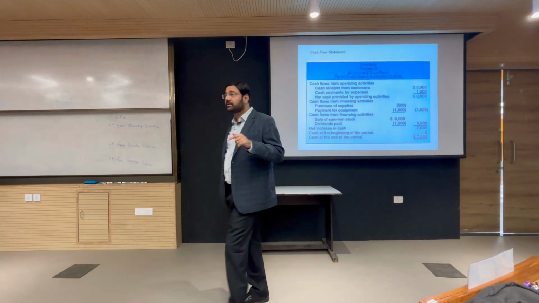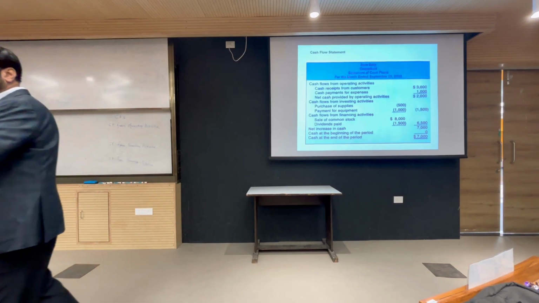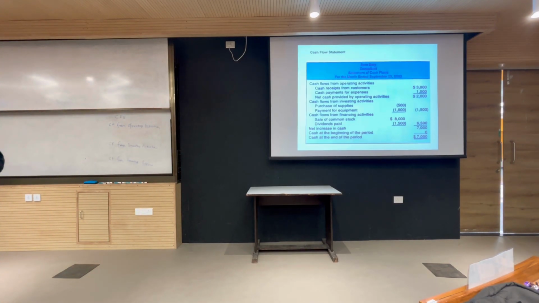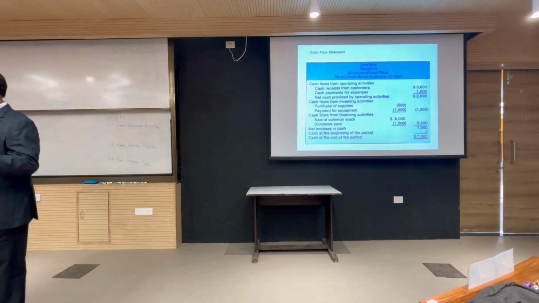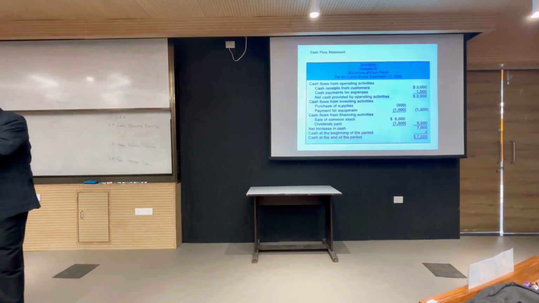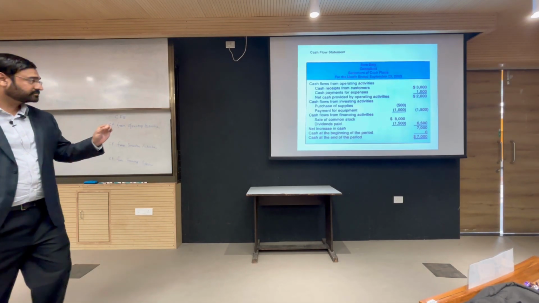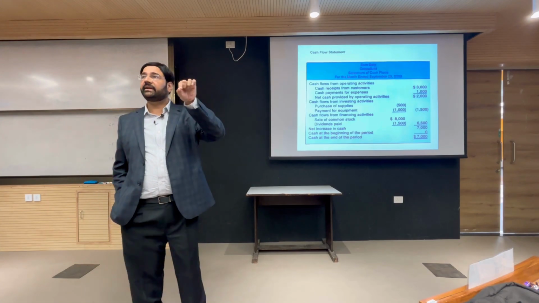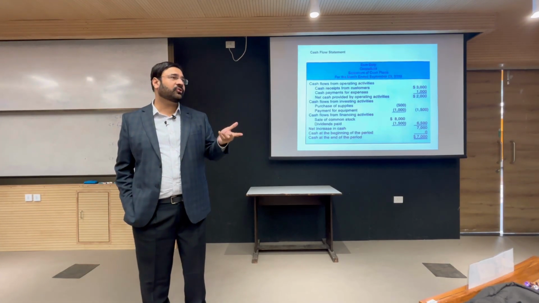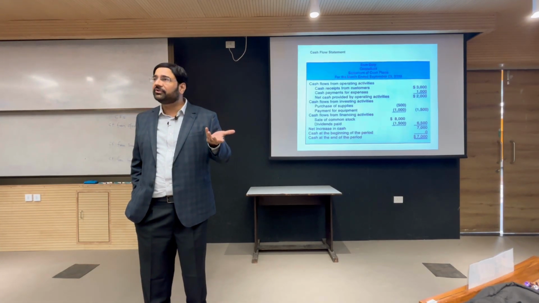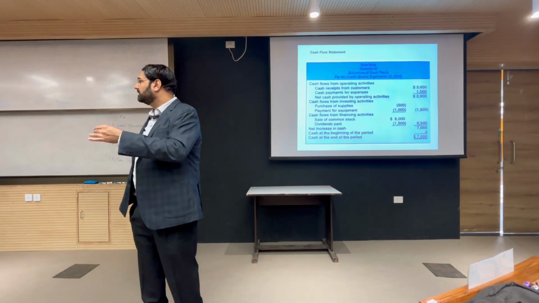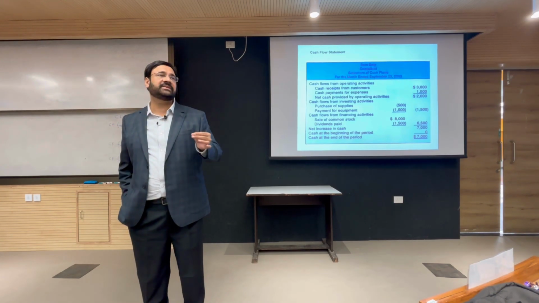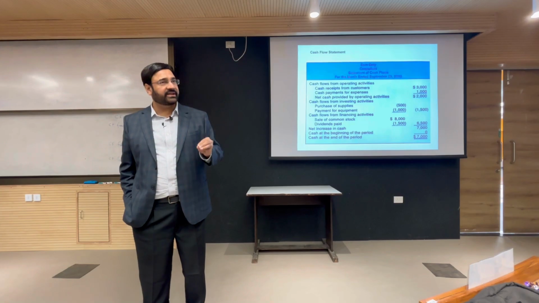This is important. So this is called the direct method of preparation of cash flow statement. What is the indirect method? Under the indirect method, we will just take net profit, because we assume that almost all revenues and expenses are earned in cash.